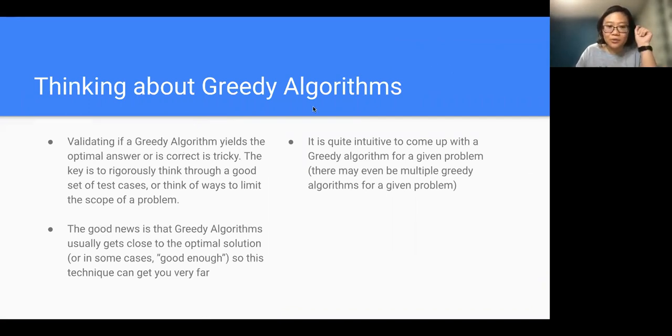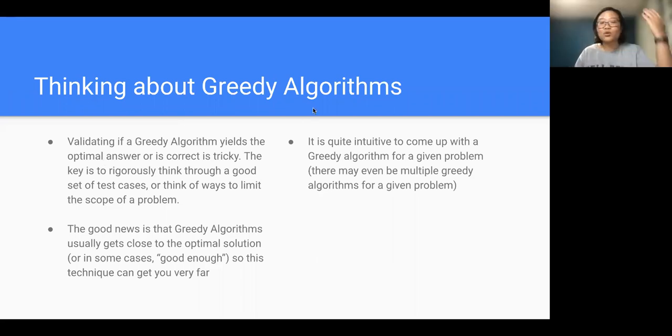Validating your greedy algorithm is very tricky. Correctness is one thing. As I said in the coins example, when you're thinking about the correctness of your algorithm, you have to think about, well, what if this denomination didn't exist? The other thing is that validating whether a greedy algorithm is optimal is also very difficult.